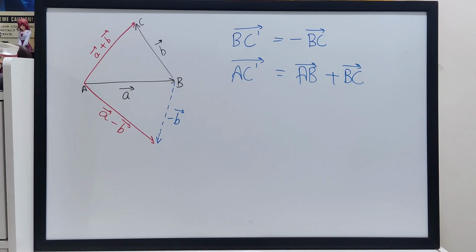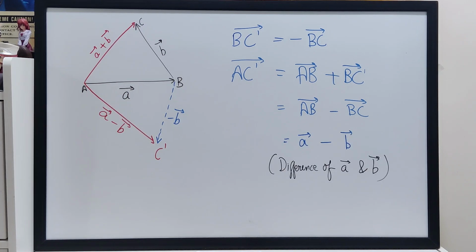Now BC dash is equal to minus BC because BC dash is nothing but BC in the backward direction. So AC dash will be the sum of AB plus BC dash. So AC dash is the difference of A and B.